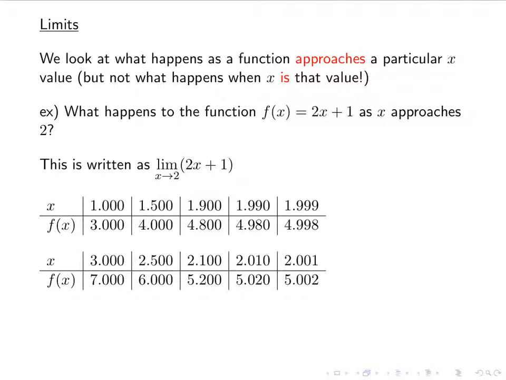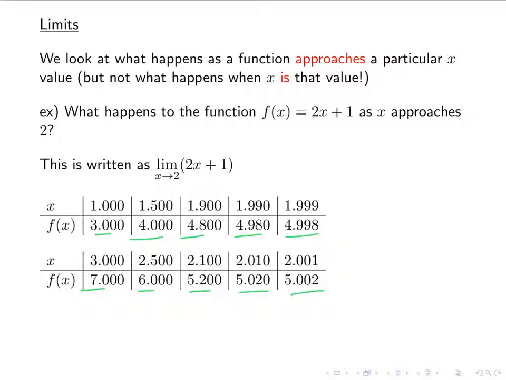So my top table is getting closer and closer to 2 from numbers that are smaller than 2. The bottom table is getting closer and closer to 2 from numbers that are bigger than 2. And as we look at the f values, we've got 3, 4, 4.8, 4.98, 4.998, 7, 6, 5.2, 5.02, 5.002.